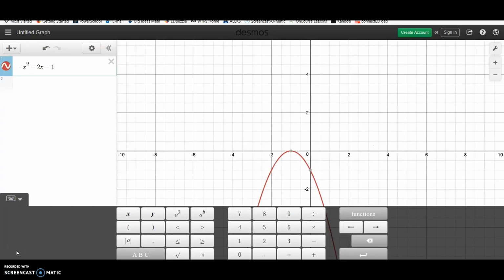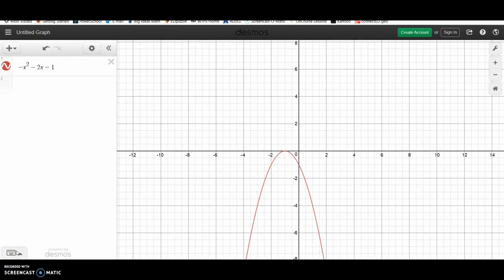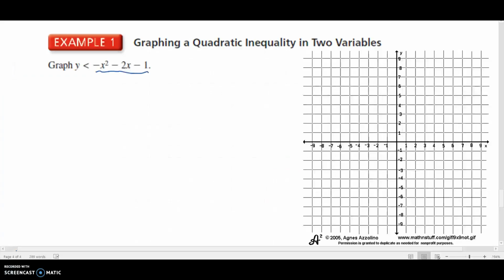We know how to do this in our calculator, and when we go to y equals and plug this in, these are the 3 points that I will get for my graph. And I'm going to plot those, negative 2, 0, or negative 1, 0, and 0, negative 1. And then I see the sign is a less than, so I'm going to make this a dotted graph.